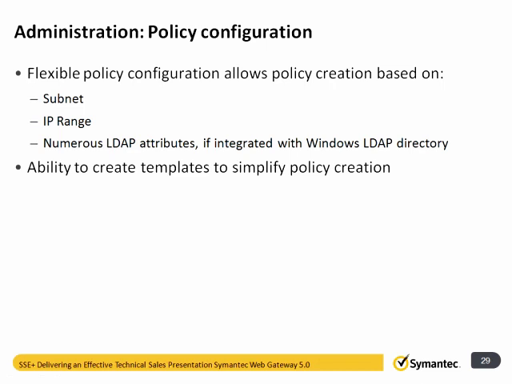For example, if integrated with Active Directory, users who belong to an IT organizational unit may be given access to a broader set of URLs and applications than users belonging to, say, an accounting organizational unit may be allowed. Templates can also be created to help serve as a starting point or baseline when creating new group policies.